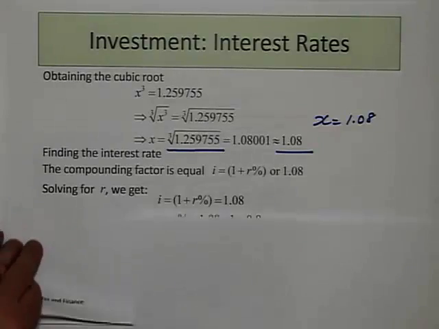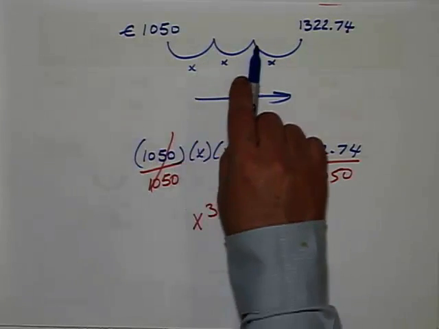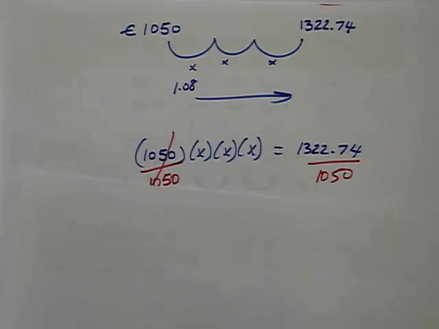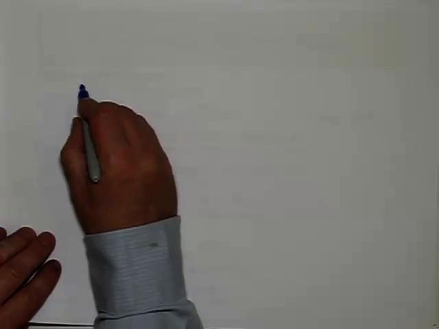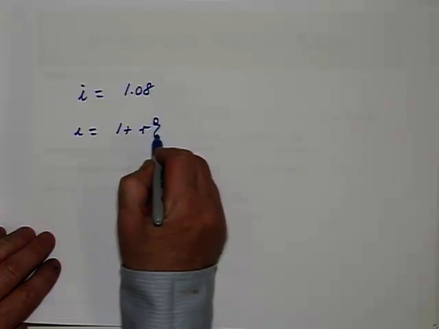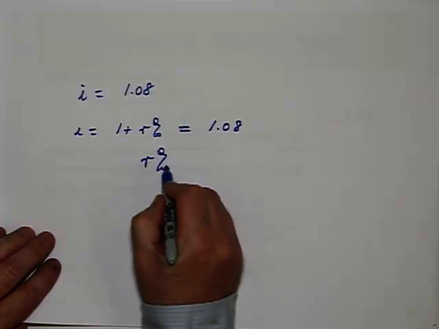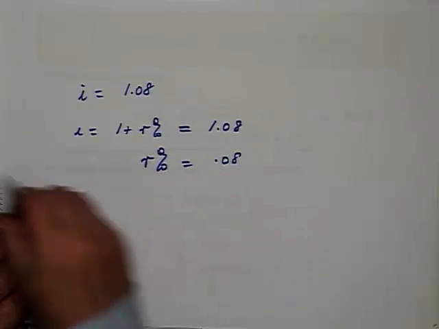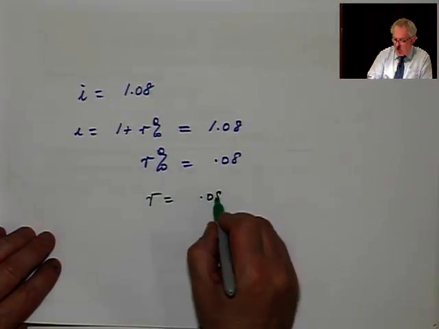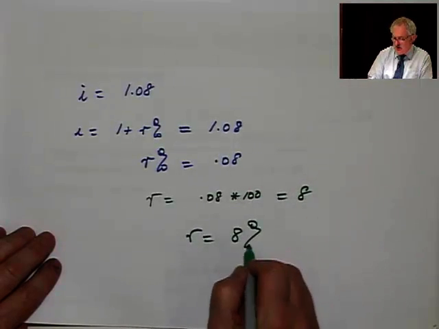That means as we went from one year to the next, the compounding was 1.08. I was 1.08. But I is equal to 1 plus R percent. And that's equal to 1.08. R percent is equal to 0.08. Or, on its own, you'd have to multiply by 100, and that's equal to 8. R is equal to 8%.